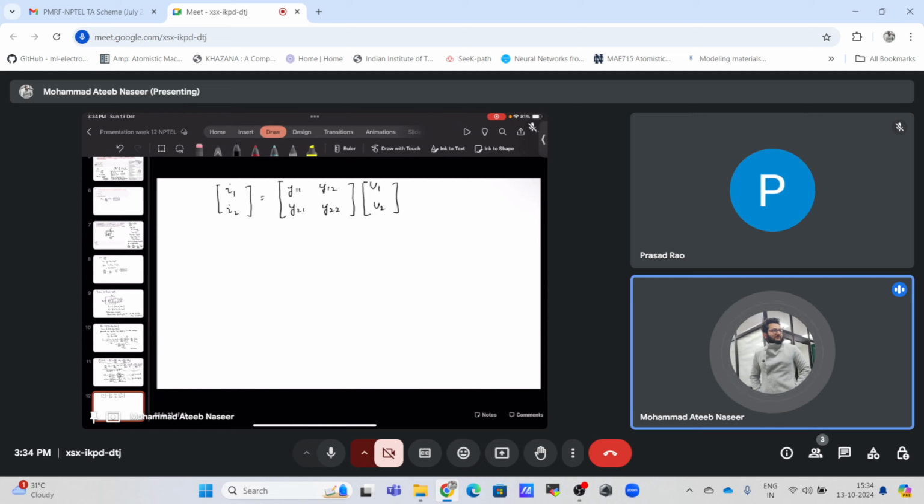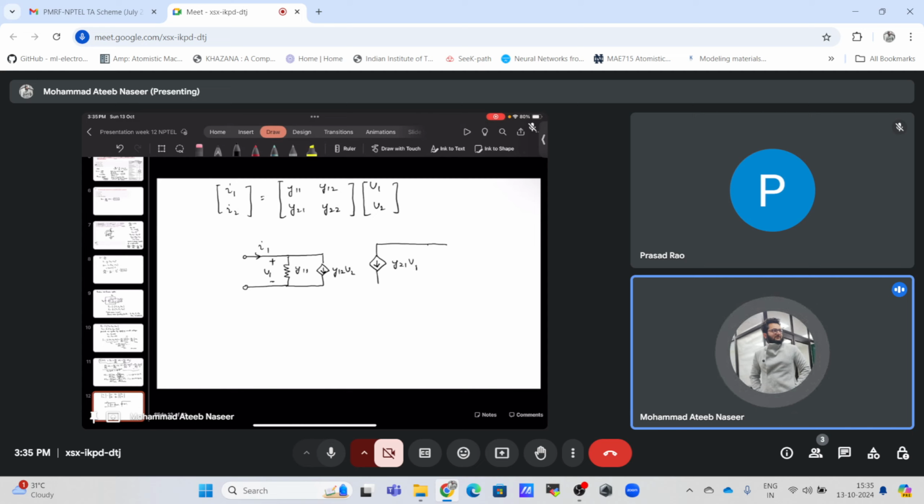If I draw the electrical representation of this network, it will be like this. I will have y11, this will be my v1 change, that is delta v1, and this will be my I1. This will be my y12, which will be controlled by v2, the voltage at the output, and this will be my y21, controlled by the v1 voltage source.